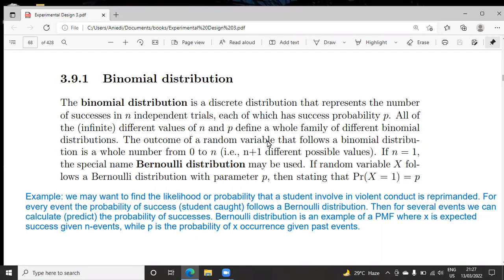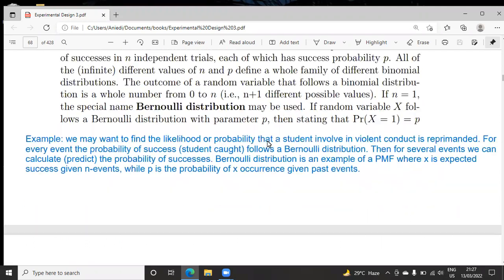And then we can predict, given an event, let's say we have 20 events, n equals 20. After having the probability, we can now say, what is the probability of having X successes given 20 events.